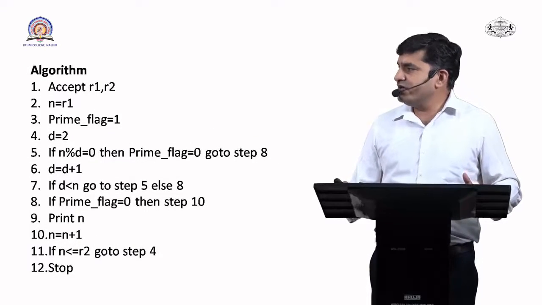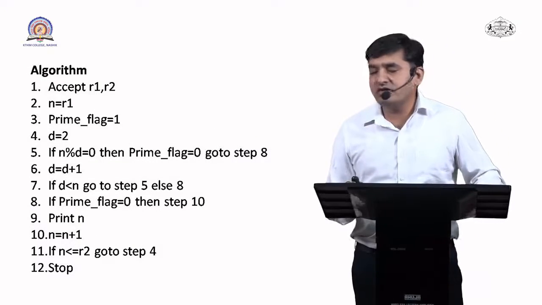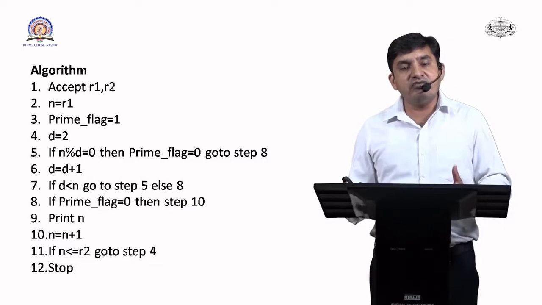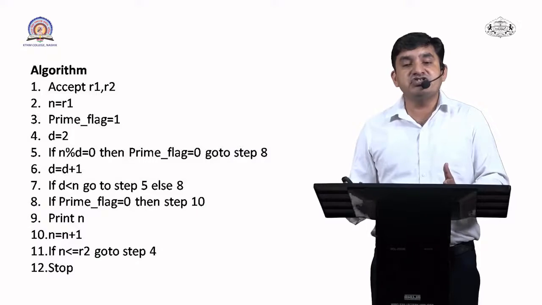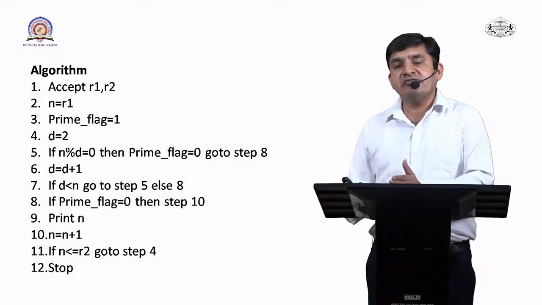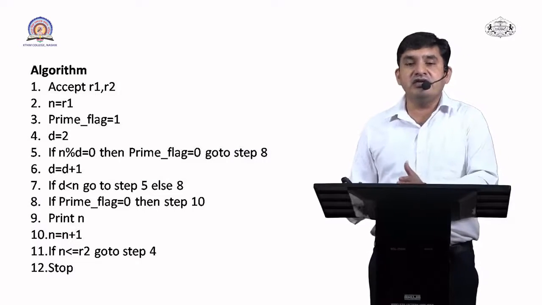Algorithm: first accept R1 and R2. R1 is the initial value and R2 is the final value or final number.